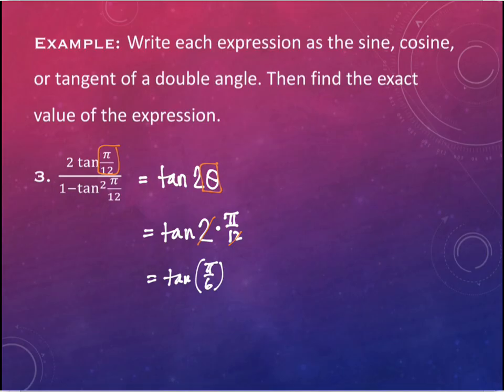So now I'm back at the unit circle, right? So here's my unit circle, and I'm down here at pi over 6. Oh, that's not good. Let's try that again. Pi over 6. How can I find the tangent value right here? What is it?